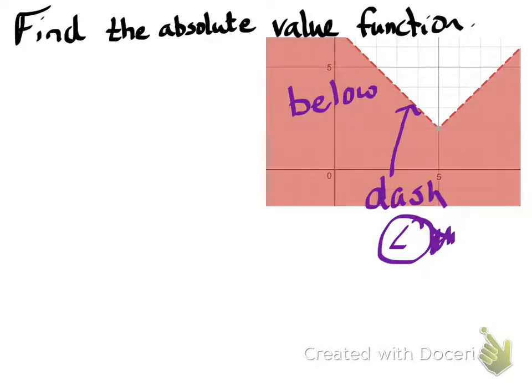Now let's find our vertex, this point here, and that point is at 5, 2.